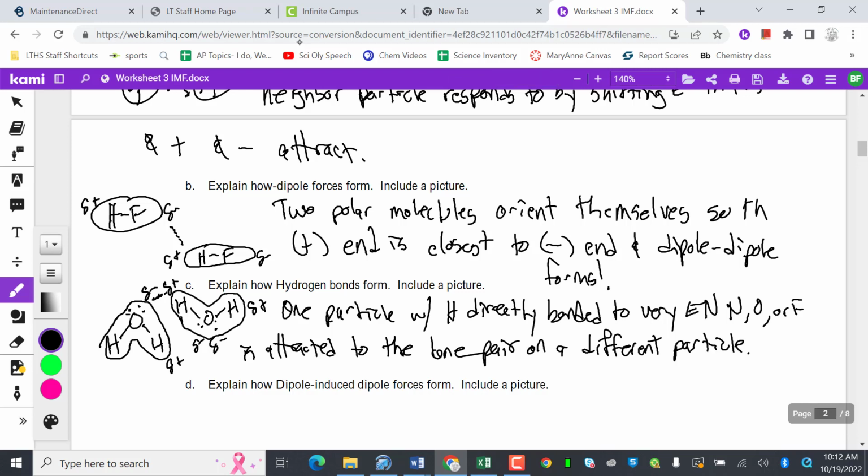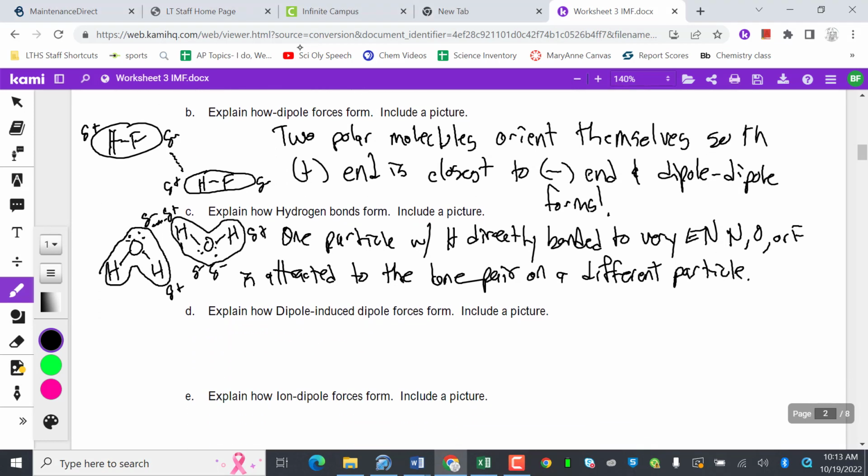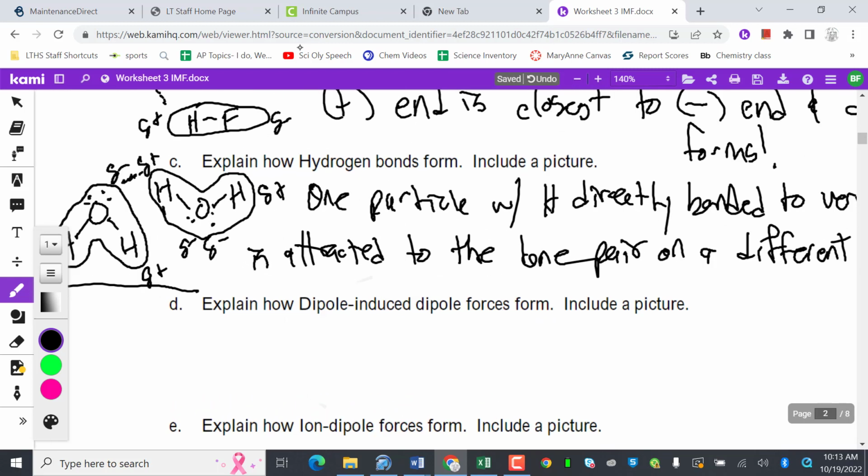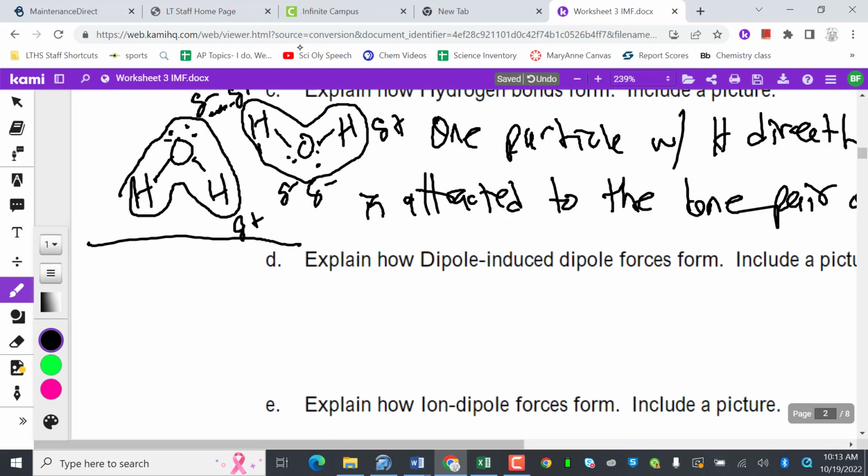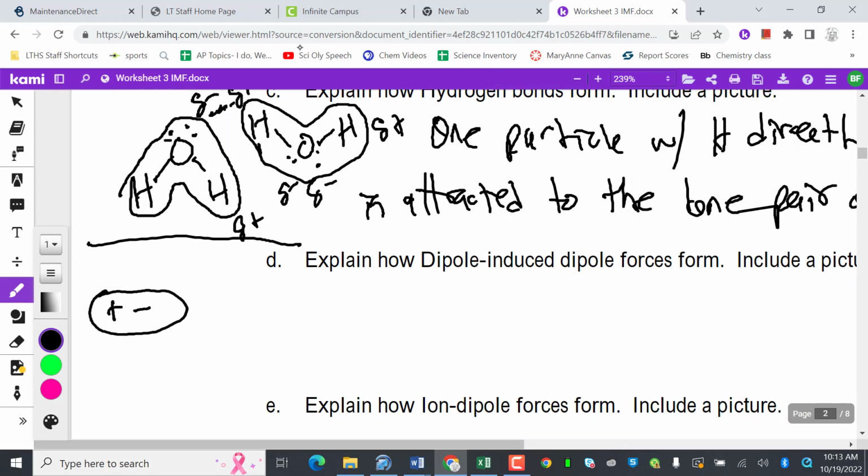All right, good. How dipole-induced dipole forms. Okay, so positive, negative, and then I've got a neutral. This negative side repels electrons. I'm going to redraw this and make it big enough for everybody to see. Here's my positive, my negative end, and here's my neutral one, right down the middle.